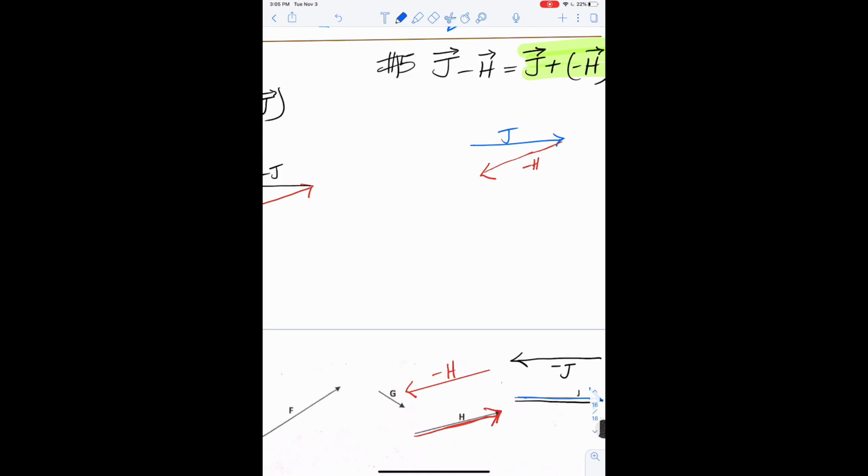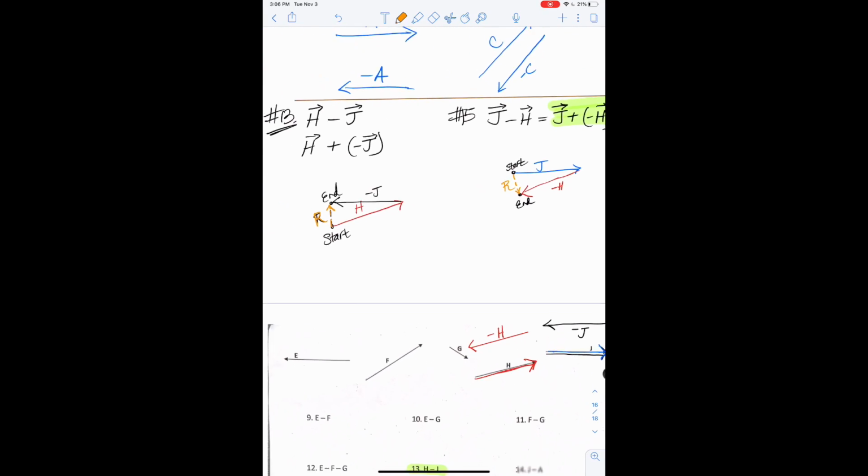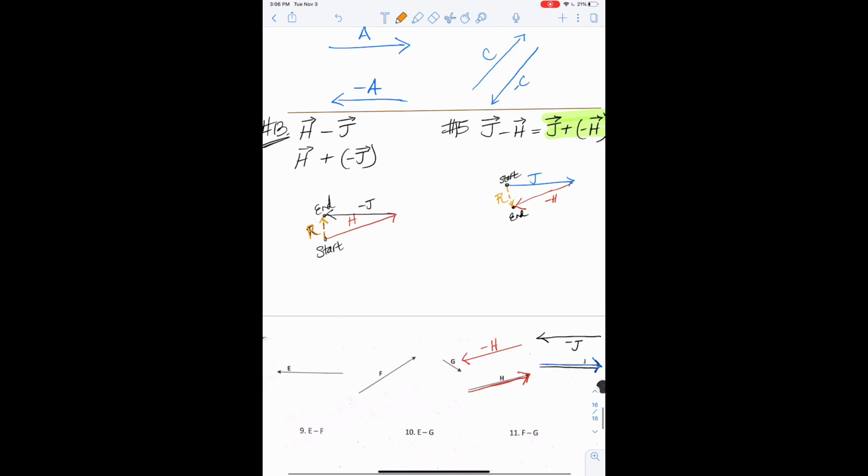Now we look at this like a treasure map. Where would we start? Well, we'd start right here. We then end at this point right here. So our resultant, which I'll do in orange again, is going to go from start to end and be R. Now, a good question: are 15 and 13 the same? Is H minus J the same as J minus H?